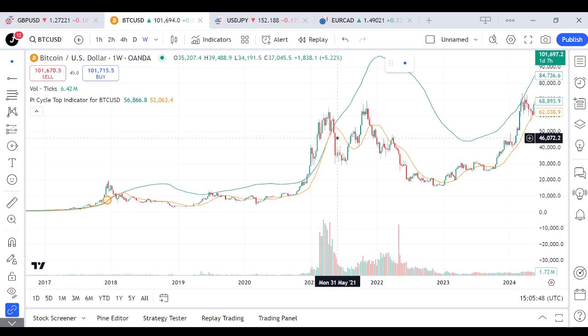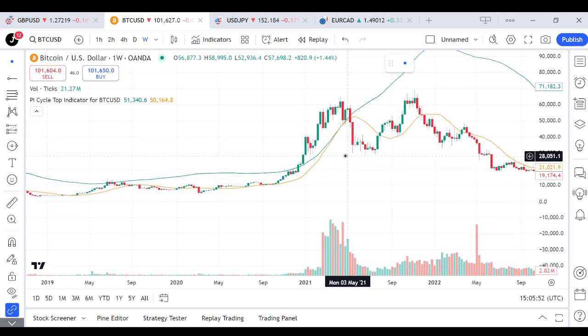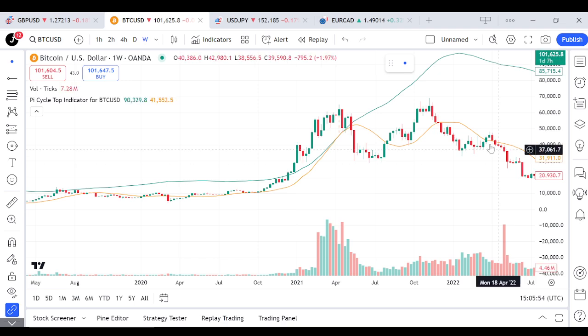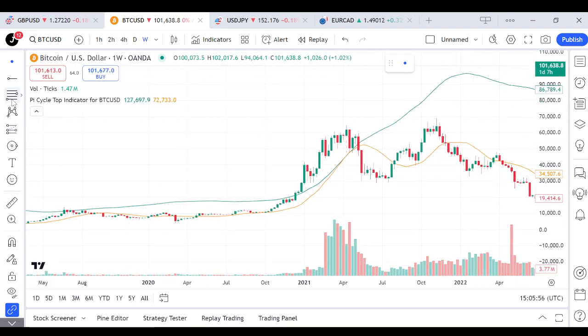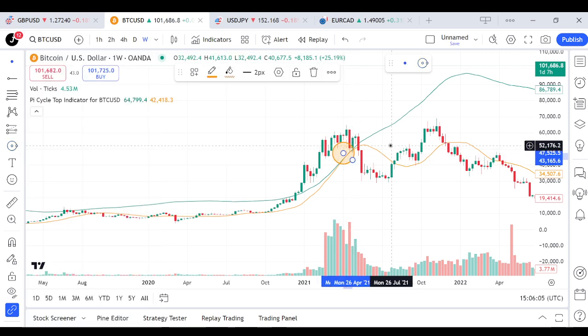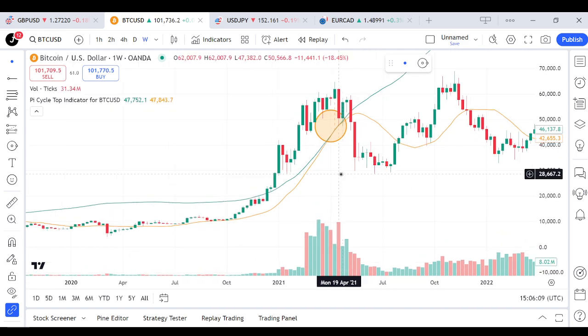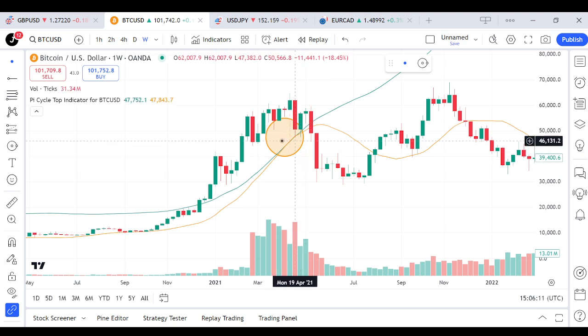So let's find moments where these two lines intersected. I'm just going to add the circle. You can see here we had this minor intersection between the shorter day moving average and the longer day moving average, and that signaled a top.